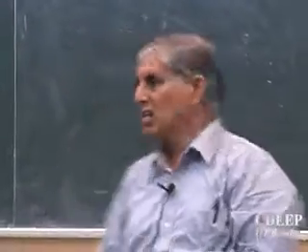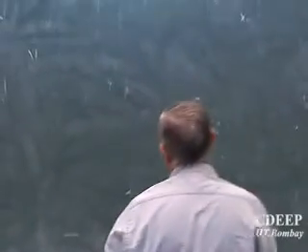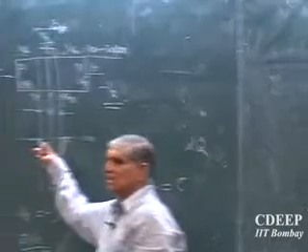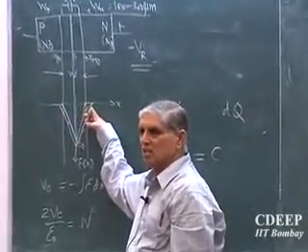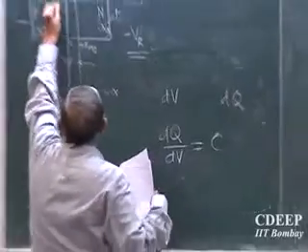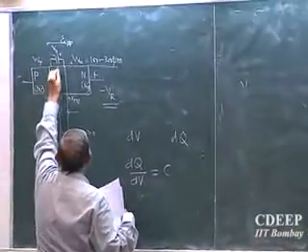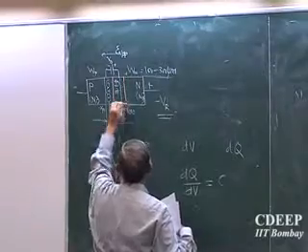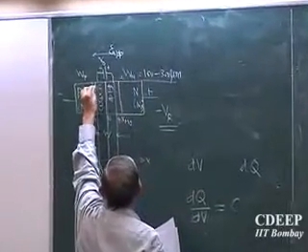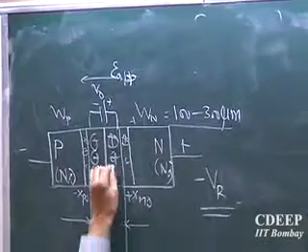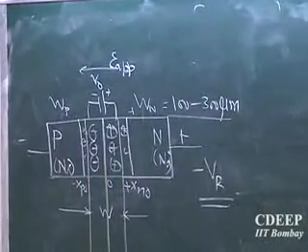Is that clear? So if I want to do this right now without going into too much detail, all I need to know is that this is a parallel plate capacitance structure, minus ions here, plus ions here. There is an additional depletion width because you have applied reverse bias.